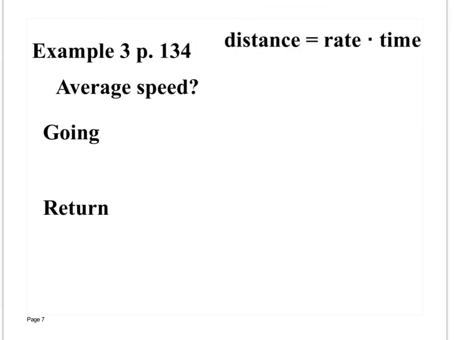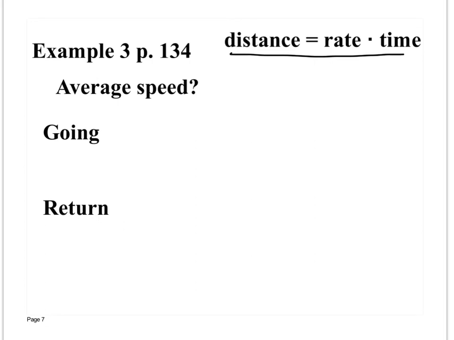All right, now we're going to do example 3, which is on page 134. Okay, this is uniform motion problems, also known as rate problems, and they're problems in which an object moves at a certain speed or rate. What you need to know is this formula right here: distance equals rate times time.